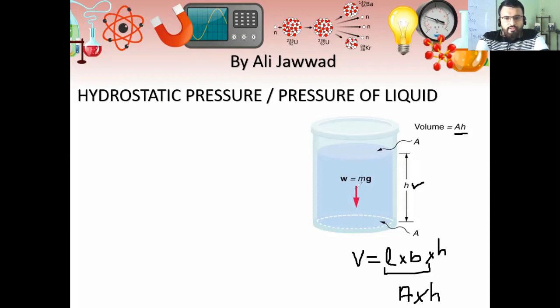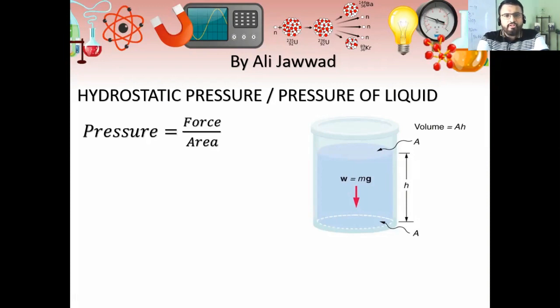The force which will be exerted by the liquid on the base of the container will be equal to the weight of the liquid. To know more about weight, please visit the lesson of mass, weight and density available on the channel. So according to the basic definition of pressure, pressure is force divided by area.